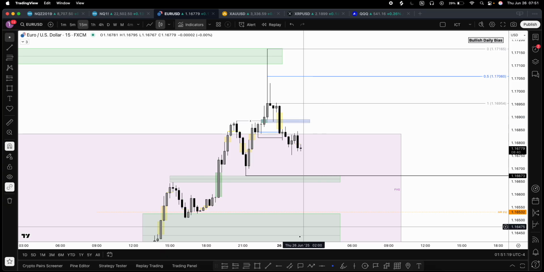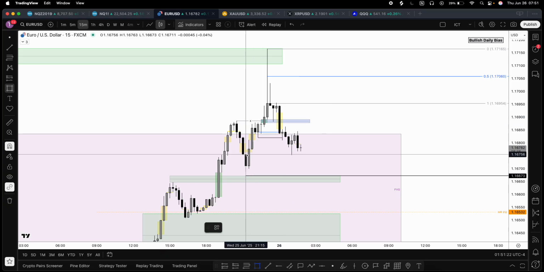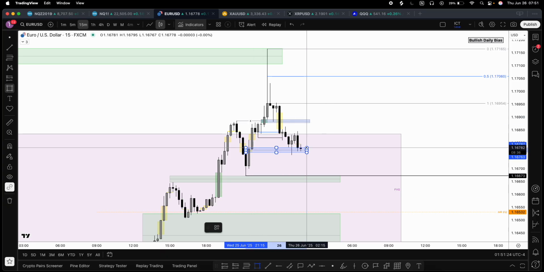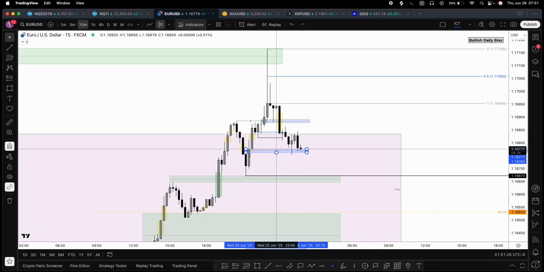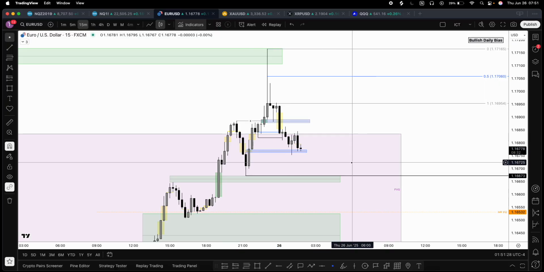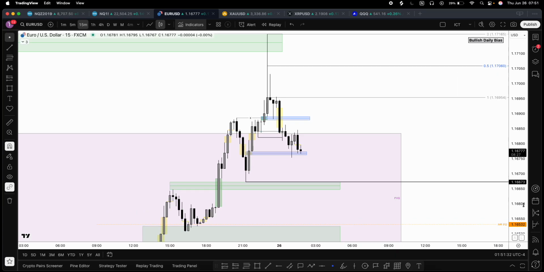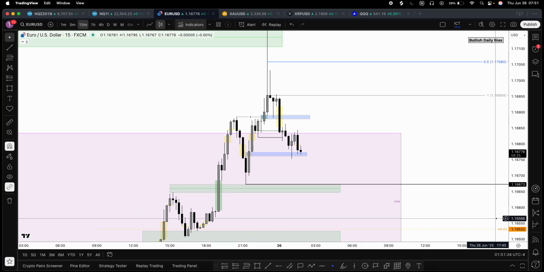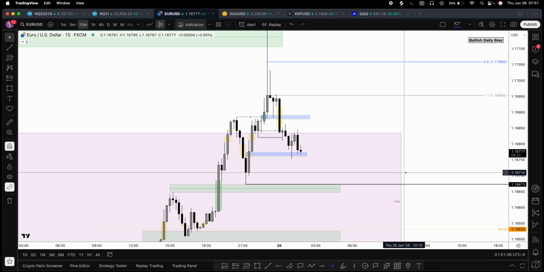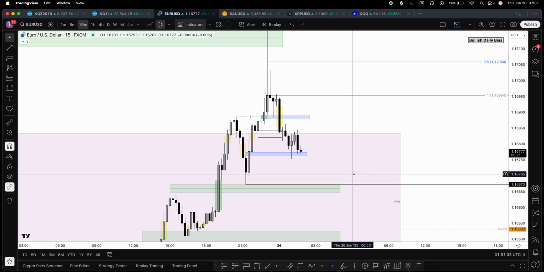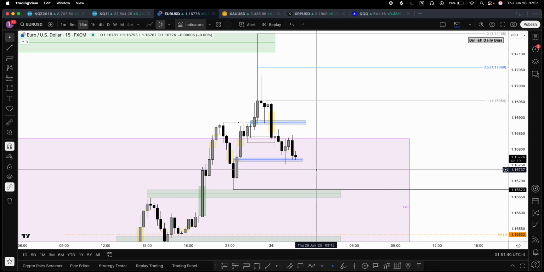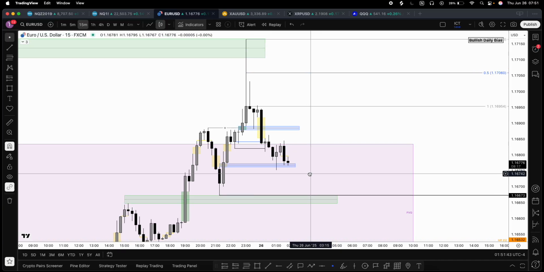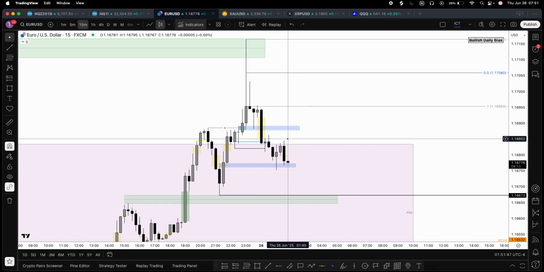So, 15-minute chart here. Price seems to be reacting to this little gap quite nicely actually. Okay. So we can maybe look for a temporary long with the idea that price might go up a little bit and then go short.